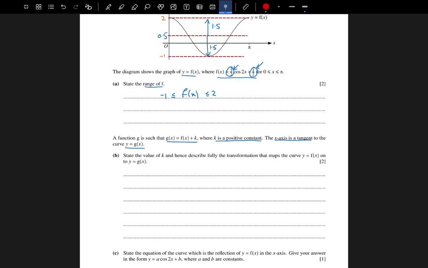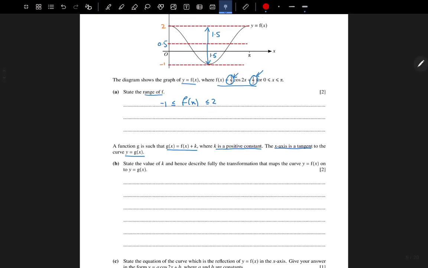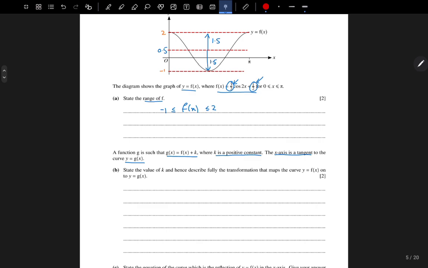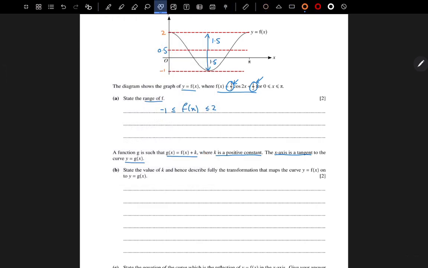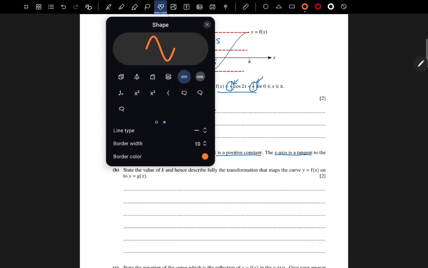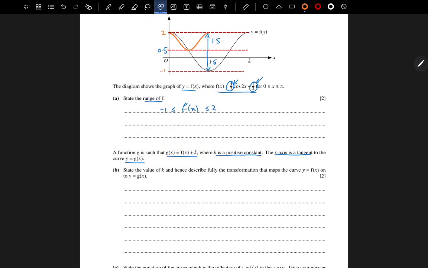And we also know that the x-axis is a tangent to the curve after the translation. So the graph has to translate like this. If this is our original graph and it is translated k units upwards, this clearly shows that the x-axis is tangent to the curve.